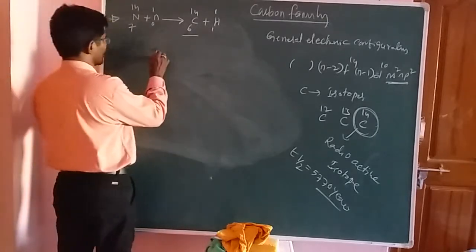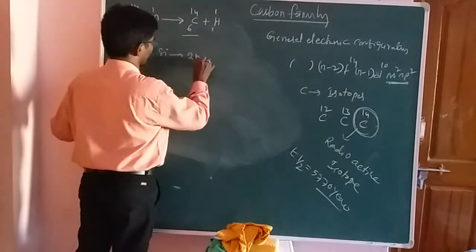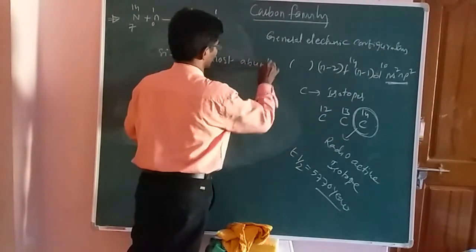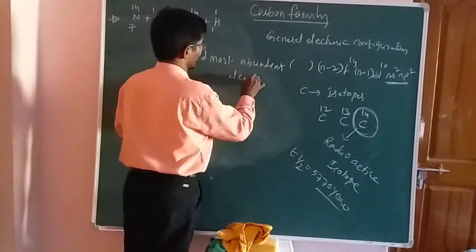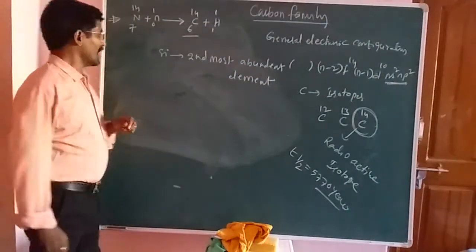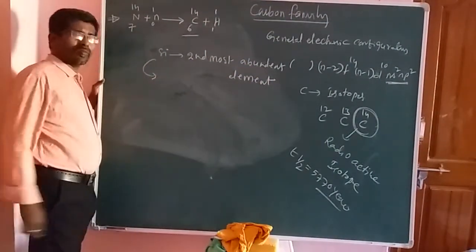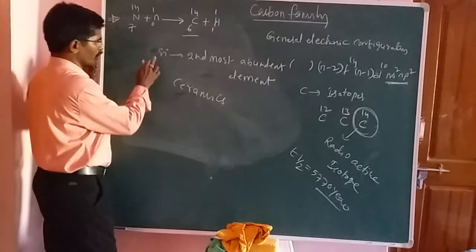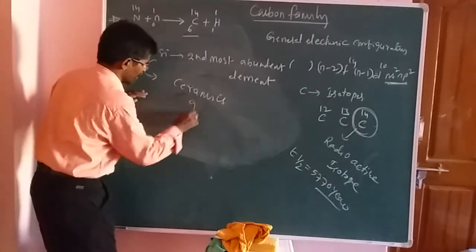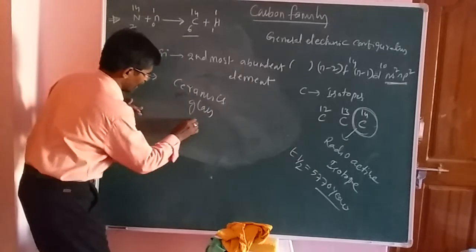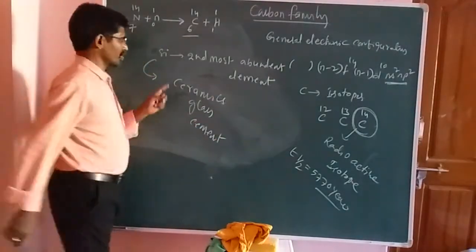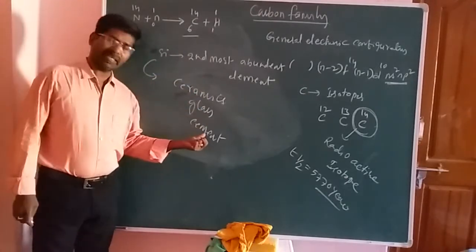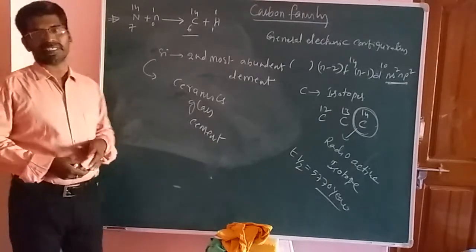Once again, the silicon element is the second most abundant element, and it is the most important component for ceramics, and at the same time for glass, and the next one, cement. So this is the importance of the silicon element.